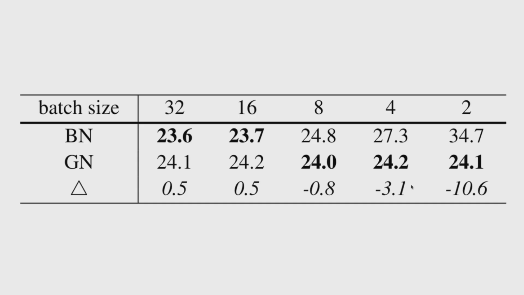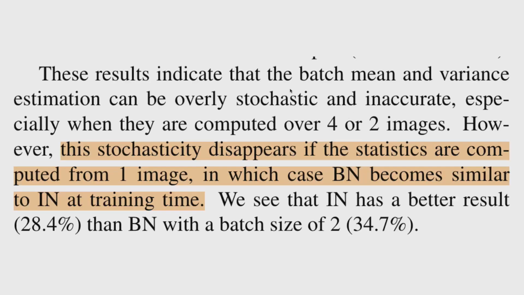This is more quantitatively looking at it. For a batch size of 2, you get a 10.6% decrease in error rate when you use group normalization. So that's almost a 30% improvement over batch normalization. They also talk about how in batch norm, if you were to have one image in the batch, this stochasticity that we got from having multiple images would disappear.